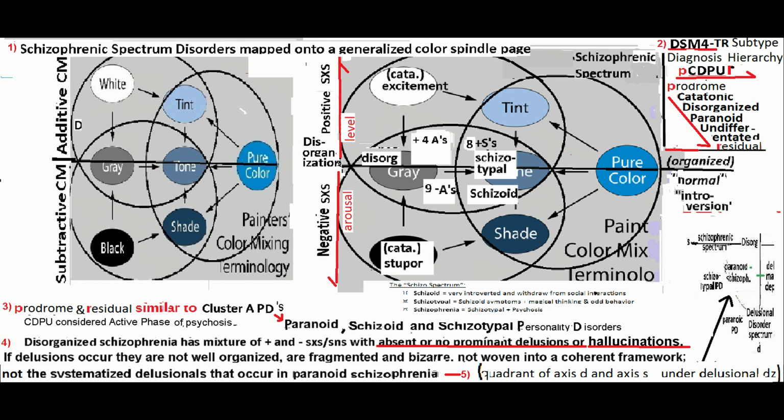Over in the right lower hand corner here, you've got the DSM-IV. They had a diagnostic hierarchy, and this was catatonic, disorganized, paranoid, undifferentiated, and residual. And they usually didn't diagnose a prodromal phase, but in that prodrome they had these symptoms like paranoid personality disorder, schizoid personality disorder, and schizotypal disorder, but they usually weren't diagnosed with the personality disorder.